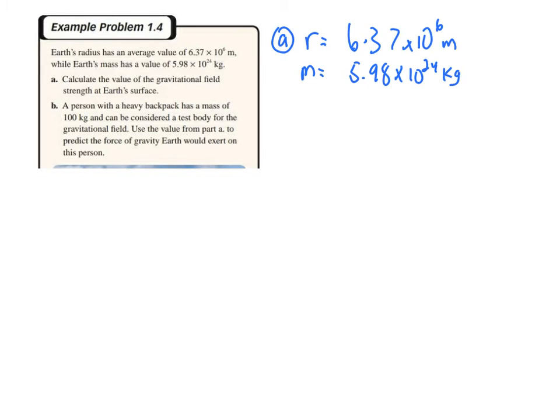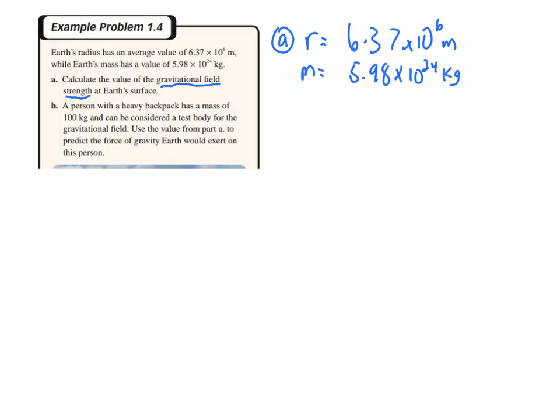We need to first of all do what we always do with these types of questions, and that's define our variables. And so for A, r is going to equal 6.37 times 10 to the 6 meters. We have the mass, which is going to equal 5.98 times 10 to the 24 kilograms. And we're trying to figure out, by the way, the gravitational field strength.